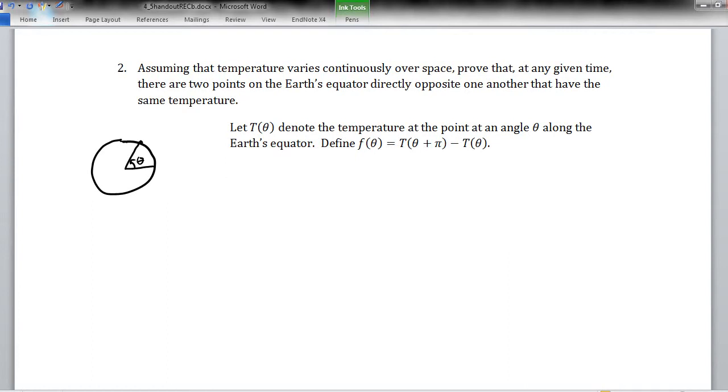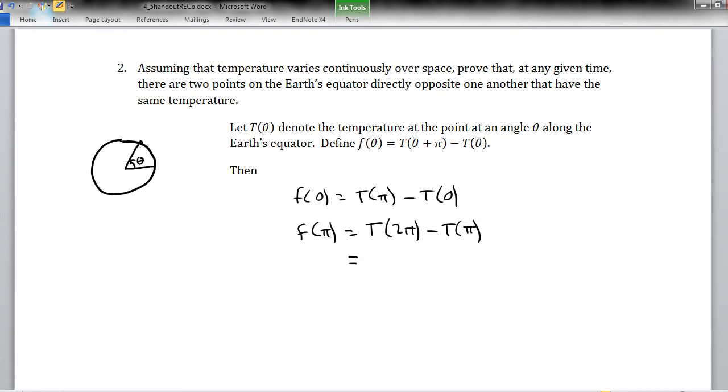So let's write down f of 0 and f of pi. f of 0 would be just T of pi minus T of 0, whereas f of pi would be T of pi plus pi, which is 2 pi, minus T of pi.